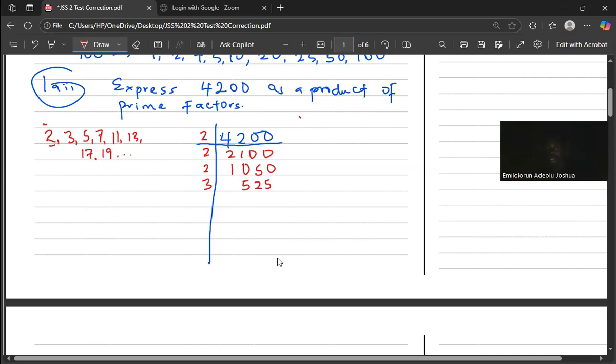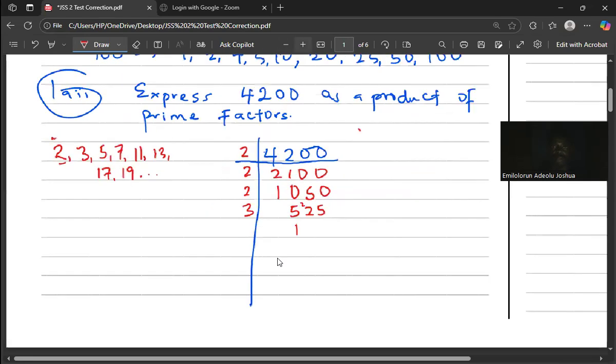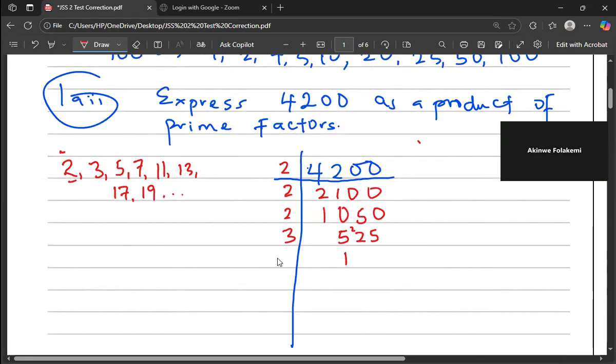So now let's do the division. 3 into 5 is 1, leaving 2. 3 into 22 is 7, with remainder 1. 3 into 15 is 5. So we are done with that.